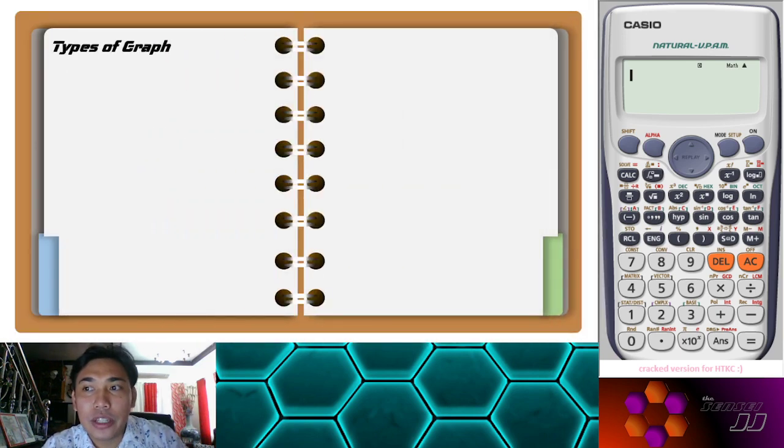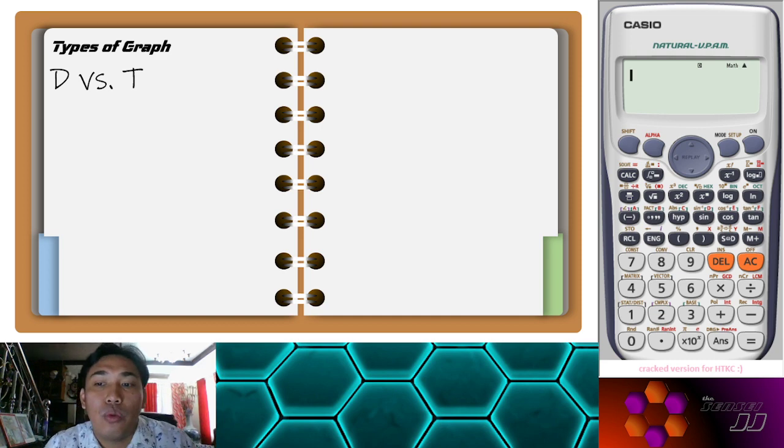So we have different types of graphs. As you can remember, I told you that there is a relationship between the distance, the acceleration, and the velocity to time. So we will be using those three separately, and all of them include time. So first off, we have d versus t, which means distance versus time.